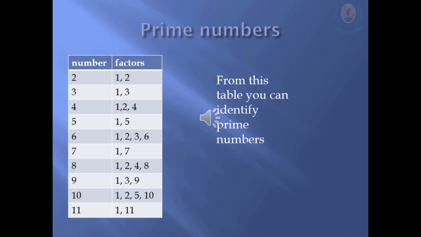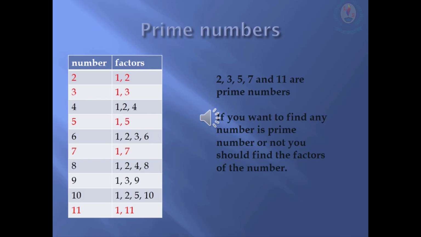From this table you can identify prime numbers. In this table you can see some numbers have two factors only. As examples, 2, 3, 5, 7 and 11 have only two factors. So 2, 3, 5, 7 and 11 are prime numbers.